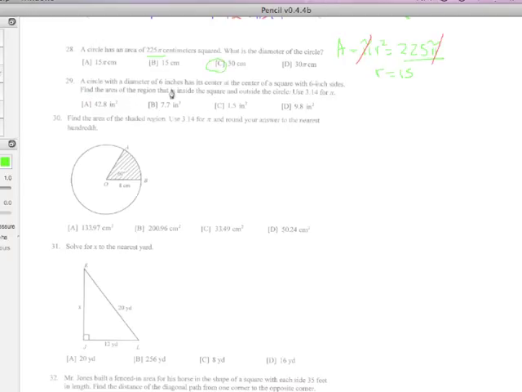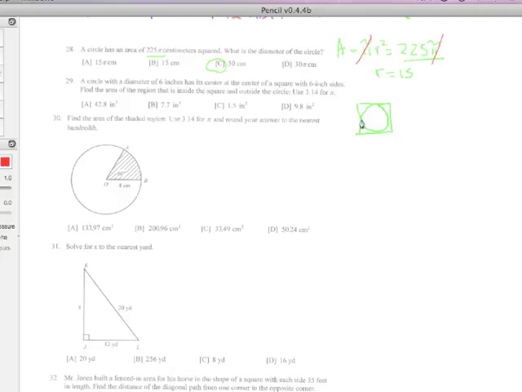Next, a circle with a diameter of 6 inches has its center at the base of a square which is 6 inches wide. Find the area of the region that's inside the square but outside the circle. So here's the picture. Circle inside a square.